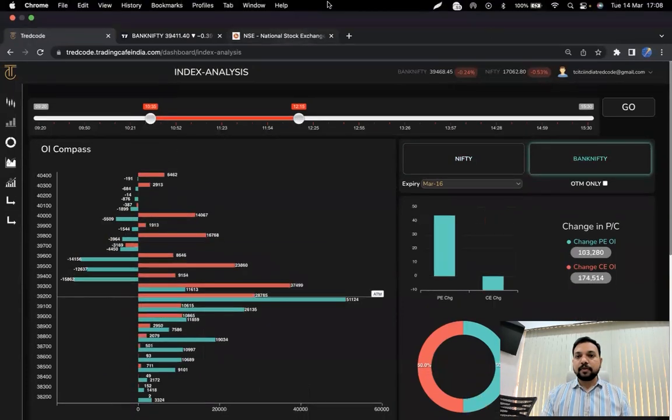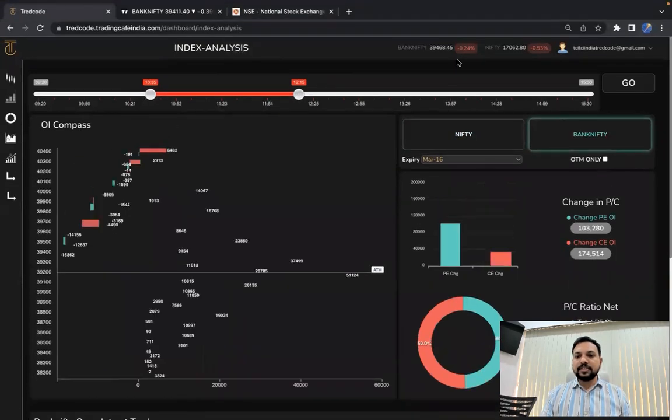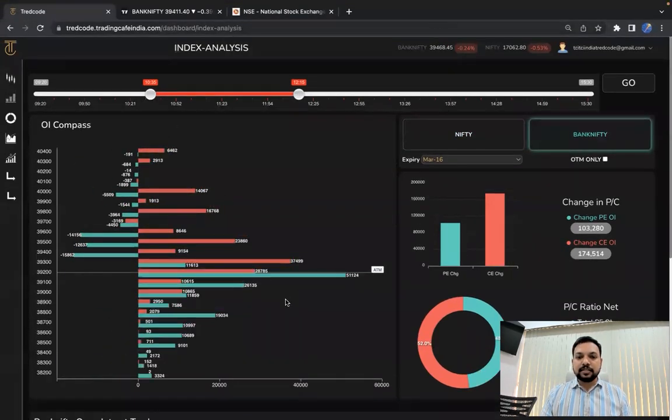First, this is forming a kind of support, exactly near the 39,200 zone. But overall, whether the buyers are active or the bears are active, I can continuously see many who have started forming a new pressure, and the bulls have started getting out of the system from the in the money zone.